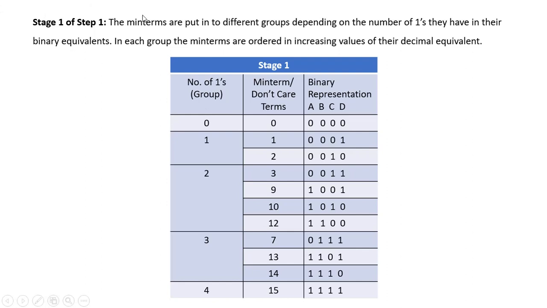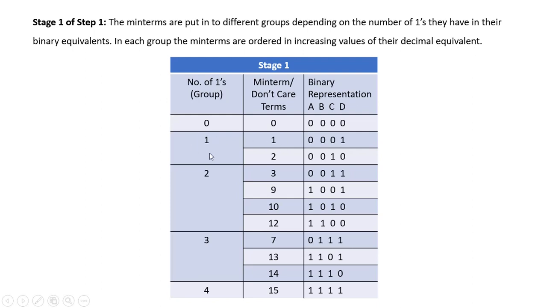Here all the minterms are put in different groups according to their number of ones. Suppose group 0 consists of all the minterms which have number of ones as 0. Then group 1 has minterms with number of ones equal to 1 only. The minterms are put in different groups depending on the number of ones in their binary equivalent, and in each group the minterms are ordered in increasing value of their decimal equivalent.